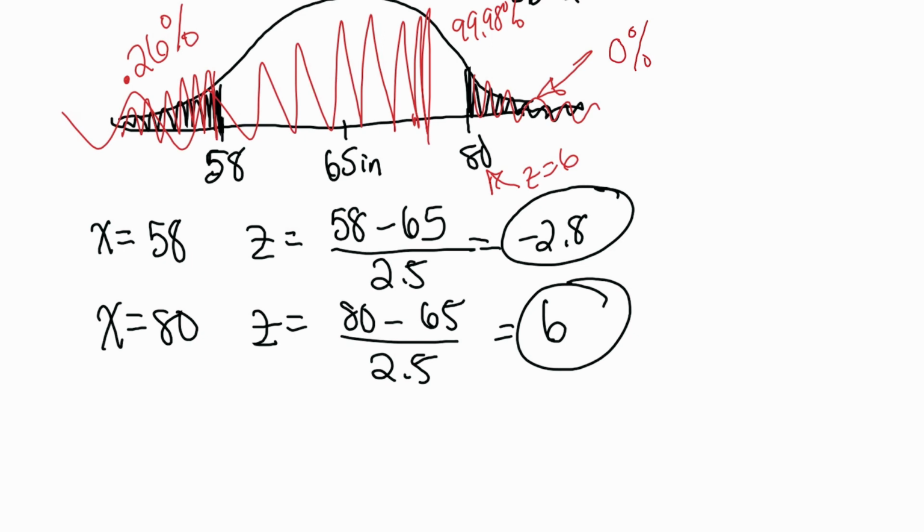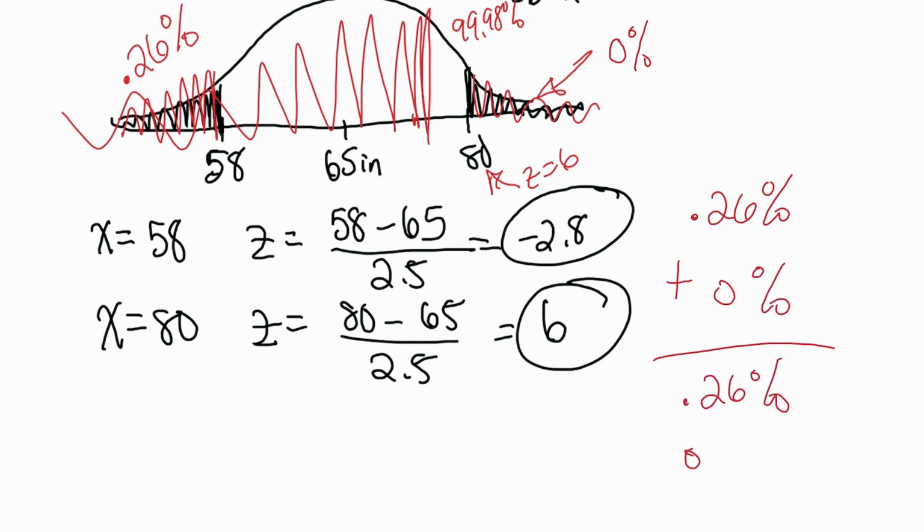I'm going to just count it as 0%. It's so insignificant that I'm not going to count it in our calculations. So I am going to say that 0.26% plus 0% is going to give us about 0.26% of women are going to be ineligible.